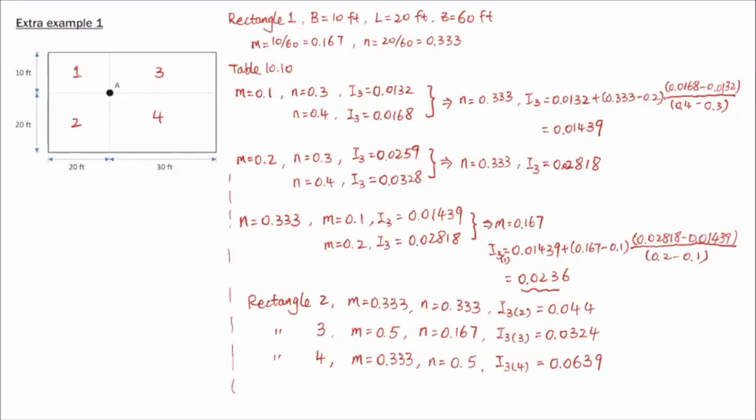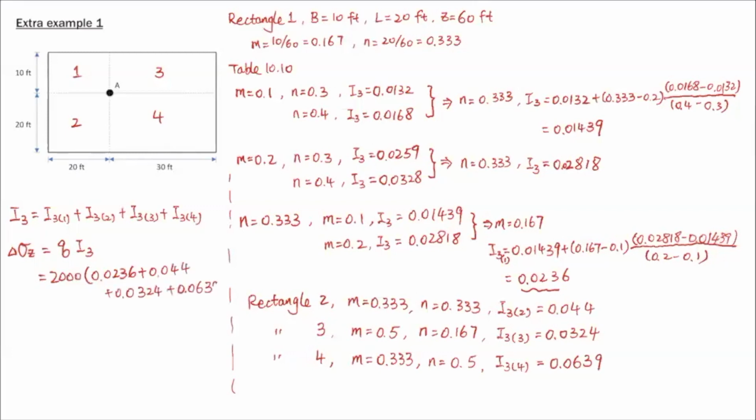The stress increase is Q times the final I3 value for that large rectangle, so this is 2000 times the sum of all these I3 values, and this is 328 PSF.